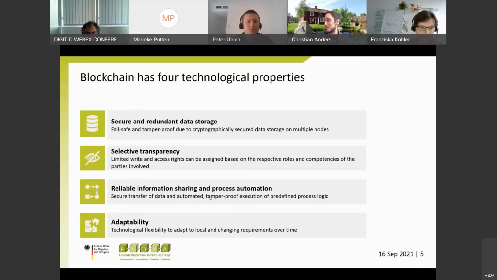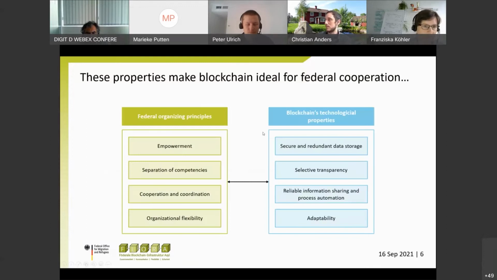So if we go to the next slide, I will show and explain how those principles and foundational concepts help to organize or support federal principles. We have the organization within a federal government, or within a state, for example.